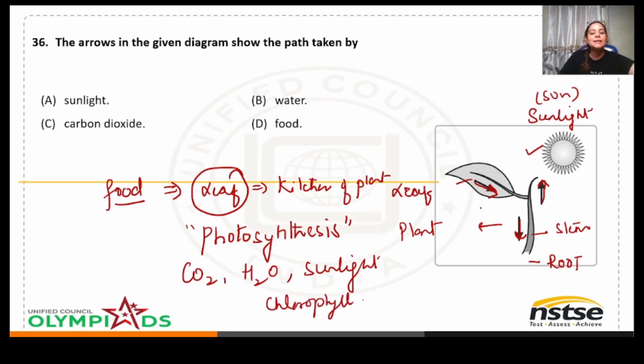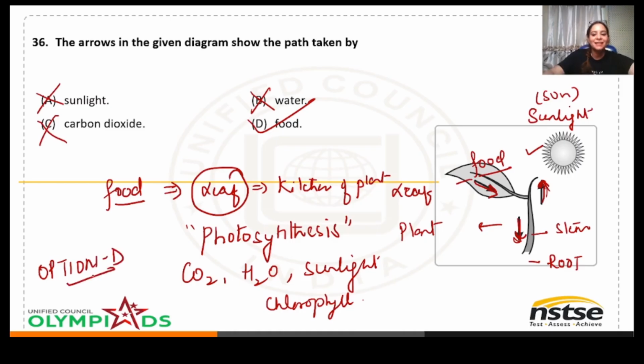So basically this direction indicates the direction of the transportation of food, because food is prepared in leaves and then it is transported to all parts. So here it is not sunlight, it is not water, it is not carbon dioxide, it is option D, that is food. Option D is the correct answer.